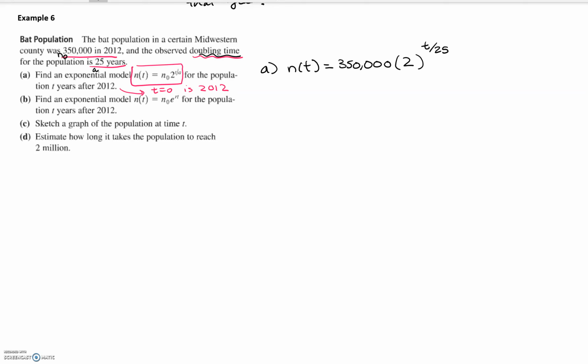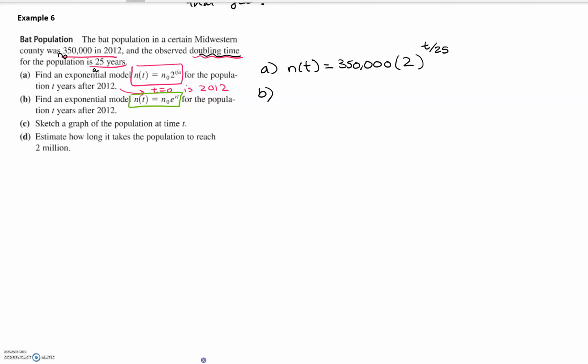Part B requires a little bit more work because they want us to find an exponential model of this form, meaning in terms of its relative growth for that population. So you can have models in terms of different types of growth, and all of them will predict future values if you need them.